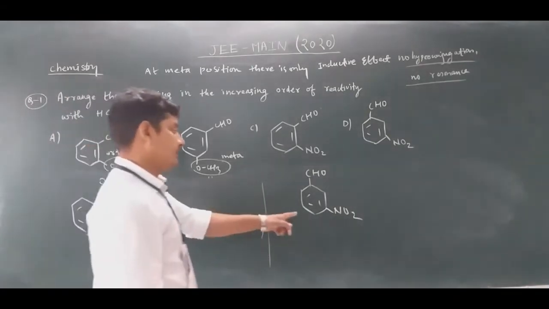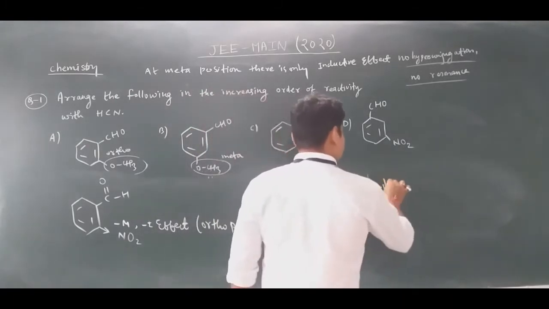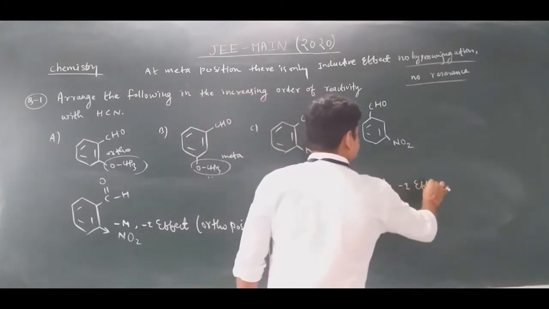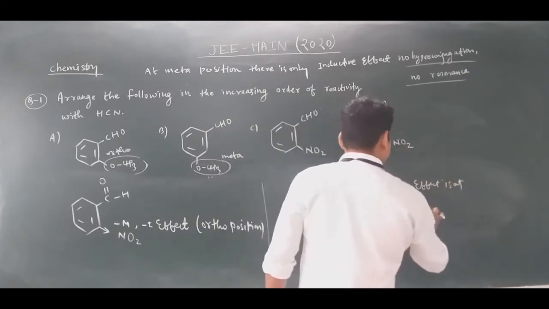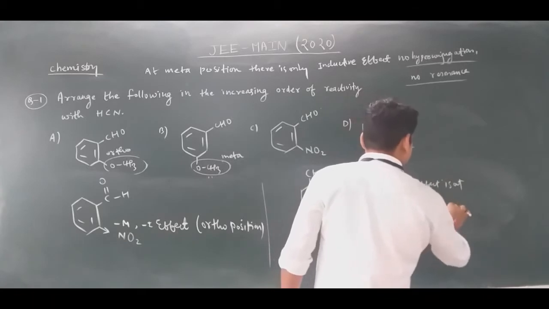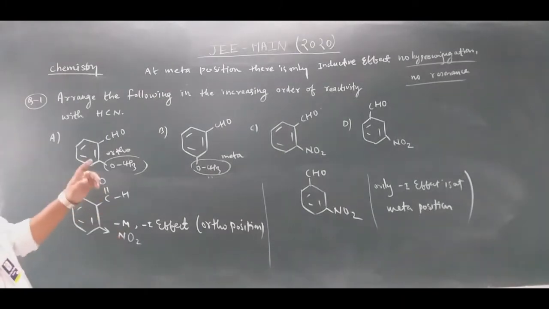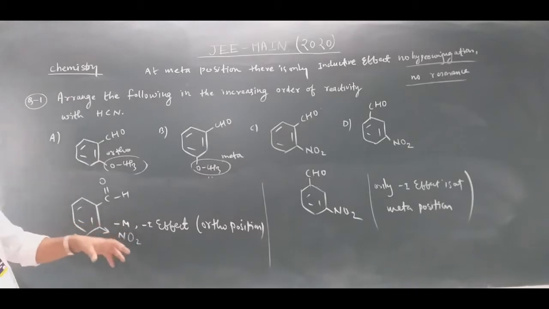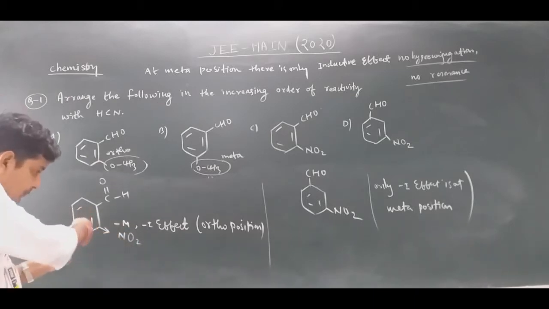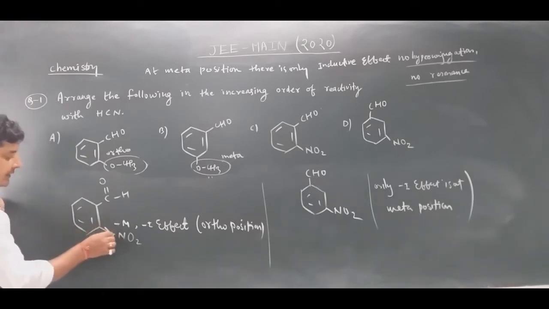And here NO2 is connected to meta position, therefore we can say that only minus I effect is at which position? Meta position here. So what will happen? Remember, minus M and minus I both are operating, therefore the tendency to pull electron from the ring is stronger here.